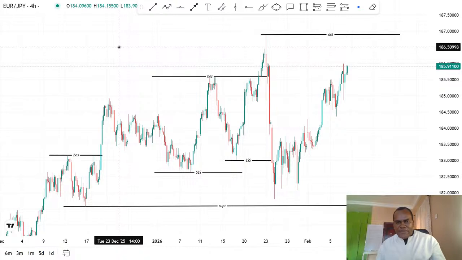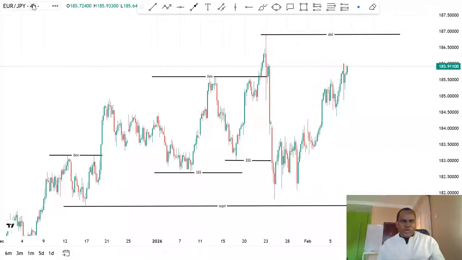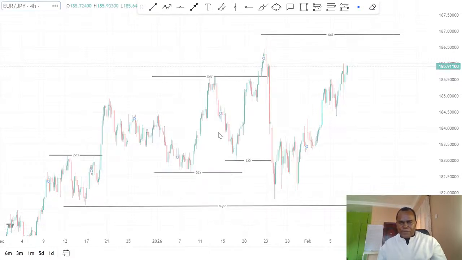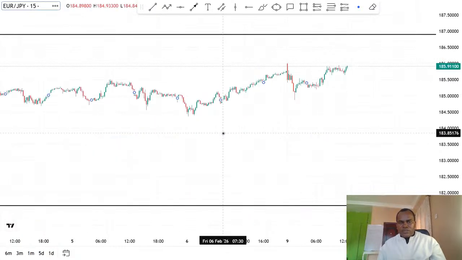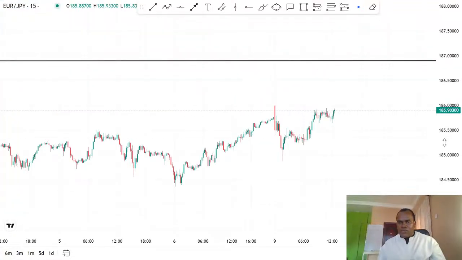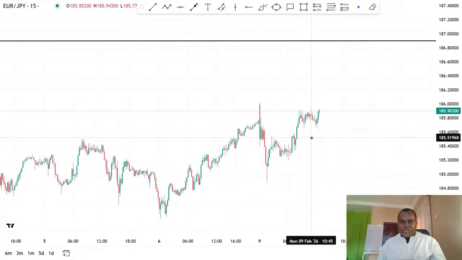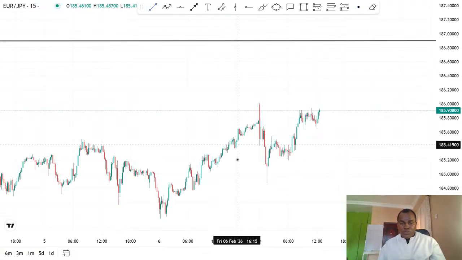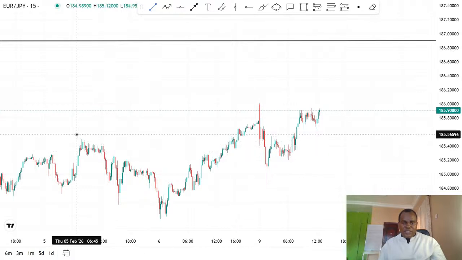But let's see if we have a current structure now for new entrants, if it's possible. 15 minutes, what have you got to say? So on 15 minutes, we have this outlook. I have this in the past.